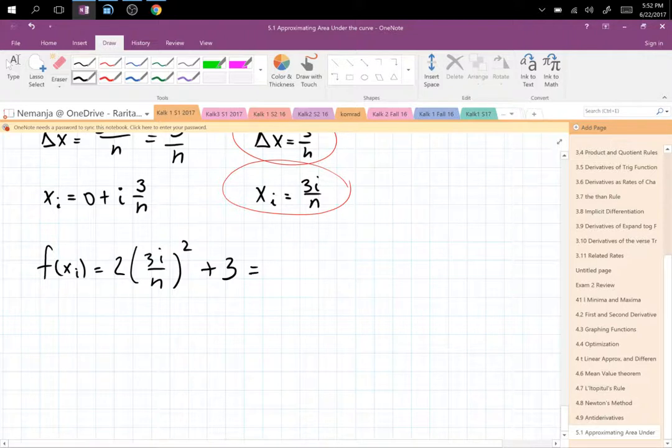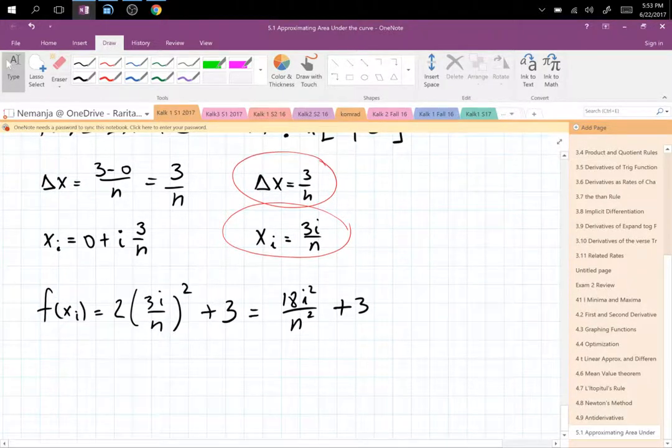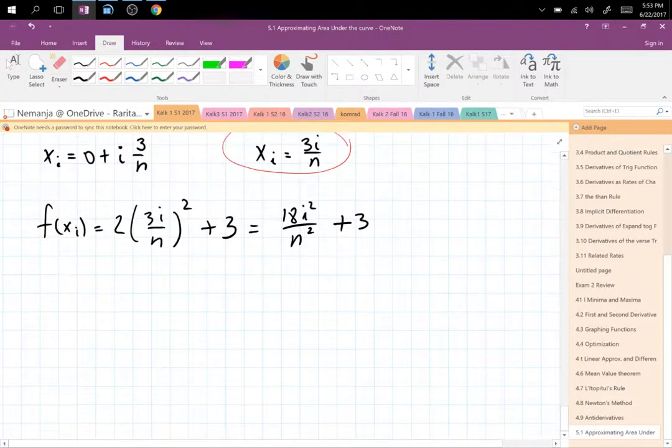We have 18i squared over n squared plus 3. That's our f of xi. So you have to get all of these pieces together, and then you can finally put the problem together and then solve the limit.